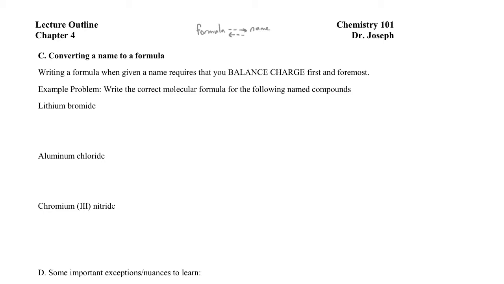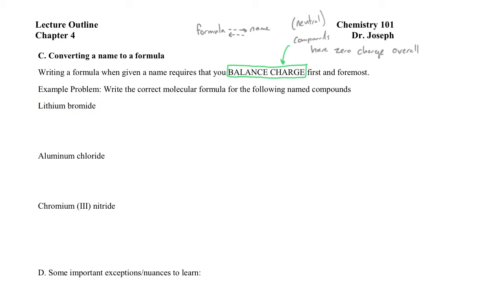Now, to do this, we're going to use this skill that we just developed in the previous lesson, which is balancing charges. Whenever we make these compounds, the charge has to be balanced to 0. So however many cations and however many anions we have, we add all of it up and it must sum to 0. Let's take a look at this first example, which is lithium bromide.